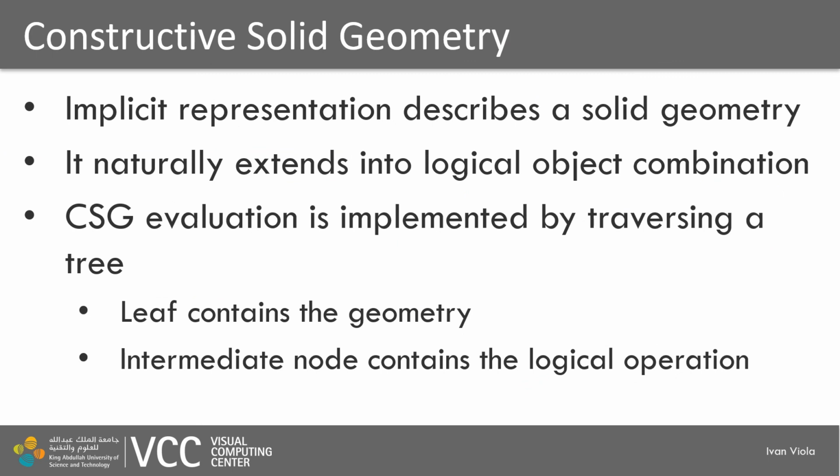The implicit representation nicely lends itself for use with constructive solid geometry. Maybe you remember the constructive solid geometry is an approach where we have some geometric elements, let's say some tetrahedron, maybe some cube here, and they are placed in a scene somewhere, and then we are performing some logical operator with them.